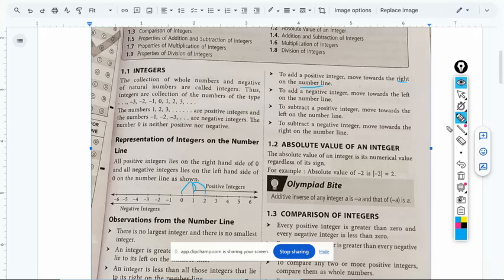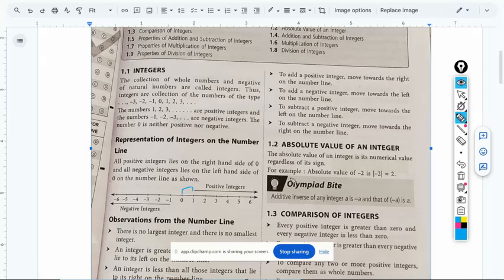Now, if you want to add a negative integer, then you have to move towards the left on the number line. So if I want to do 1 plus a negative integer, we have to move towards the left. 1 plus -1 equals 0.